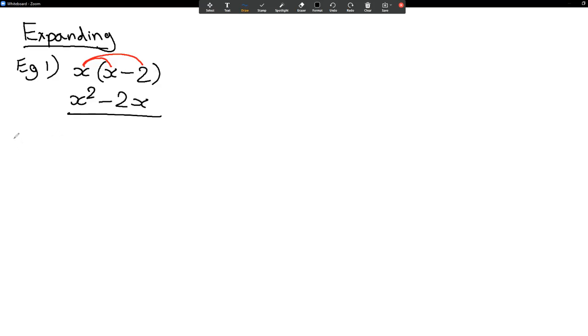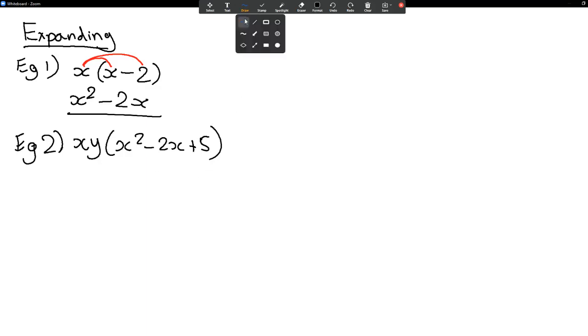Okay, now example 2, this can be a little bit more complicated. So what we can do is we can have more complex terms like this. But the process is still the same. We still multiply each term inside the bracket with the term on the outside, like so. 1, 2, 3, because now we have 3 terms in the brackets.